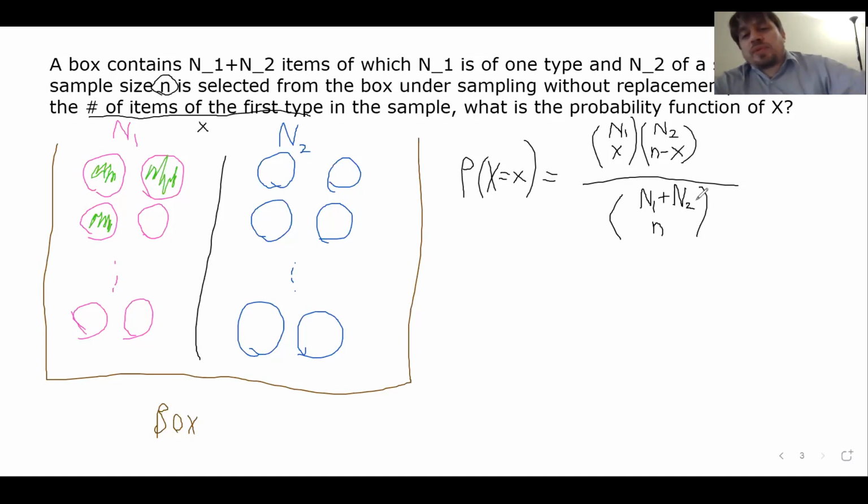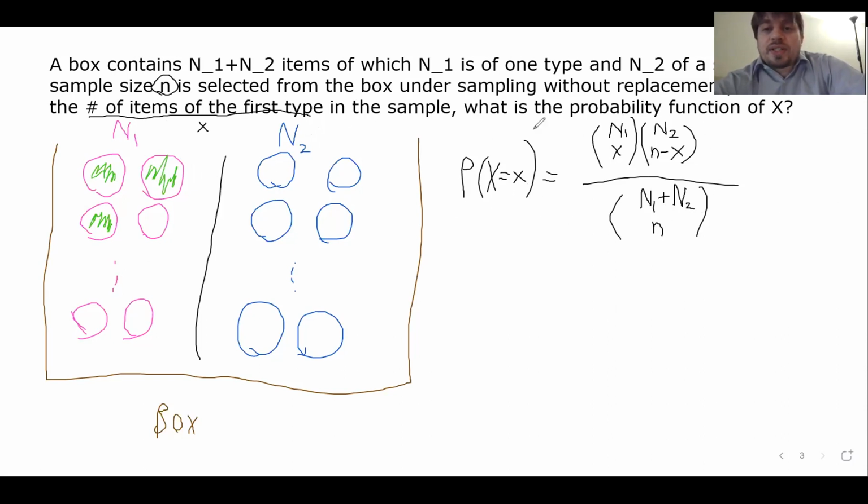So the denominator is N1 plus N2 choose little n, right? So what I'm doing is I'm considering all the ways I can choose little n many things from the box. And the numerator is the number of ways that little x of them are of type 1 and n minus x of them are of type 2.